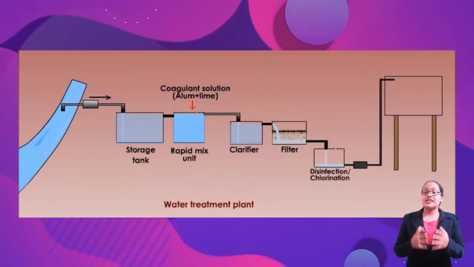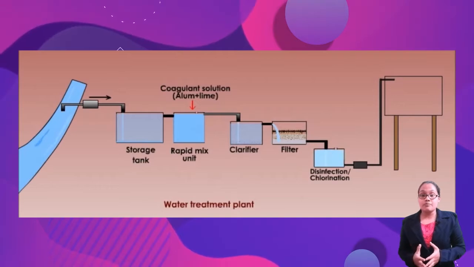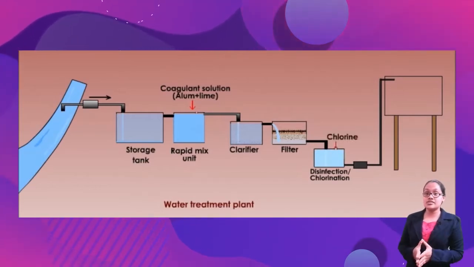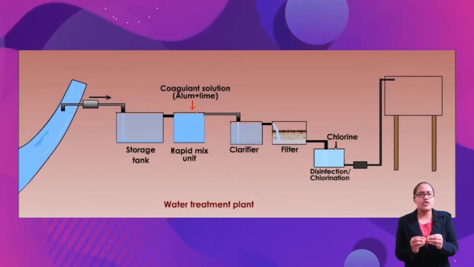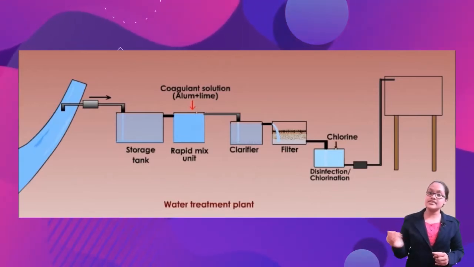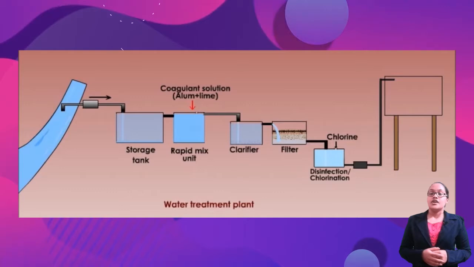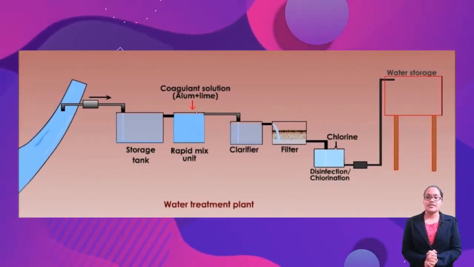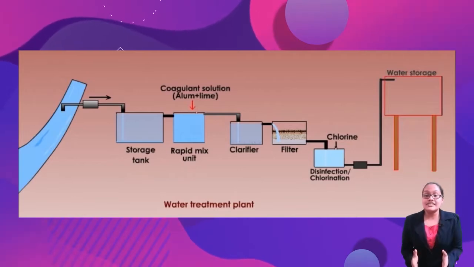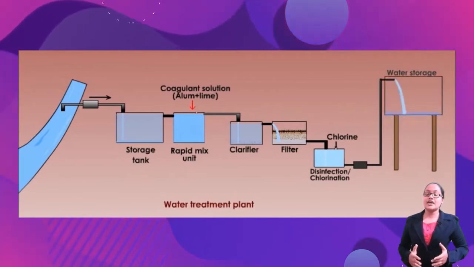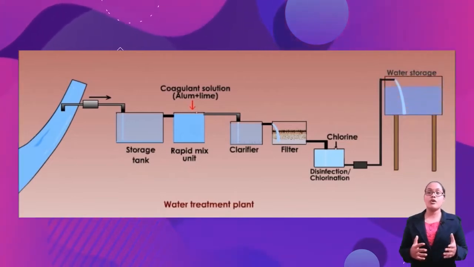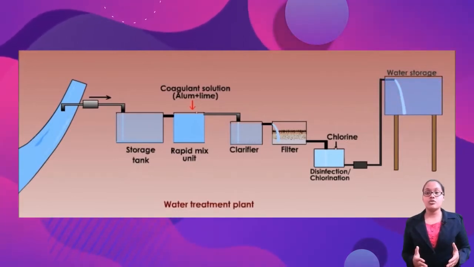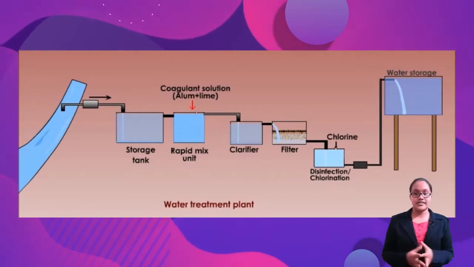Thus, the clean water that is obtained is then pumped into a chlorination tank where a little amount of chlorine gas is added to the water. By doing so, this kills the germs present in it. Thus, after disinfecting the water, it is pumped to storehouses or storage tanks so that water is supplied to our homes for our needs.